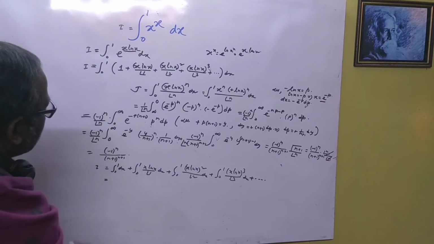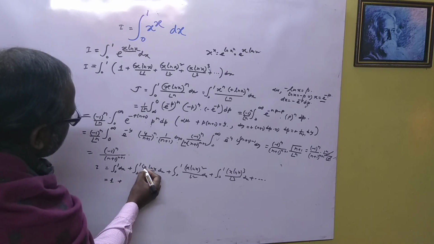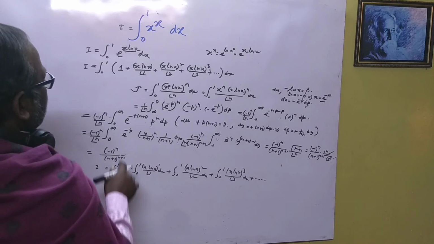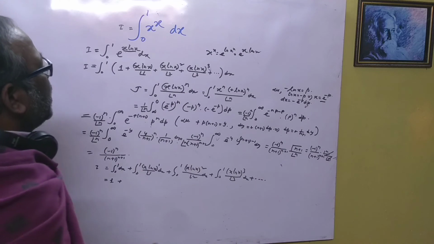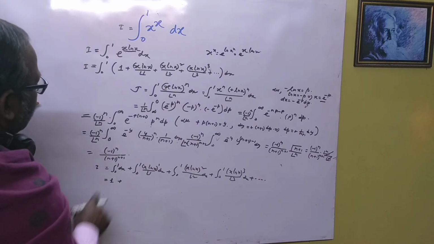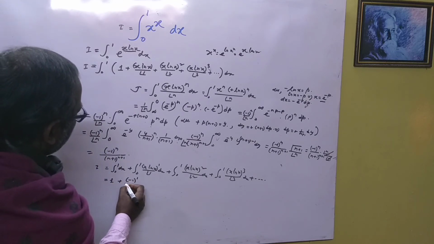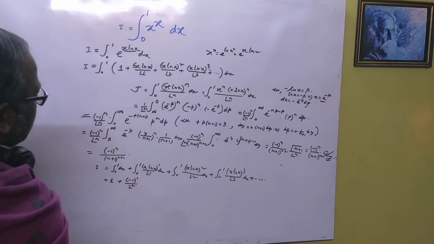And the integral of dx is x from 0 to 1, so this is 1. And for this, the value of n here is 1. So if we put 1, then we get 1 plus 1, this is 2 to the power 2 here.